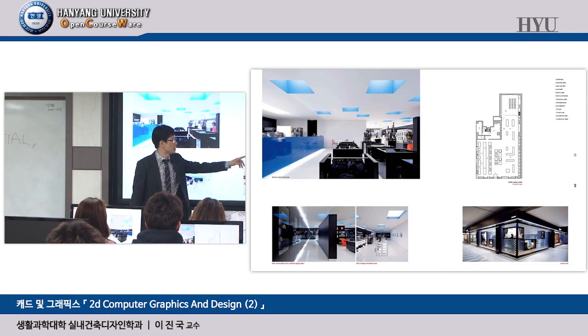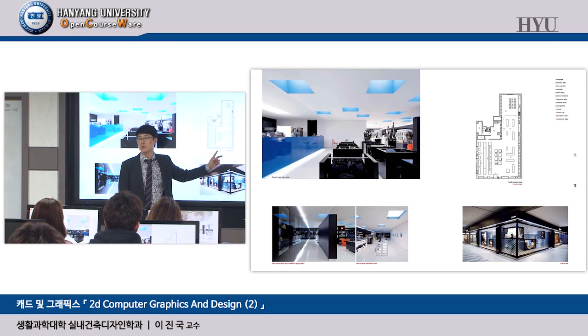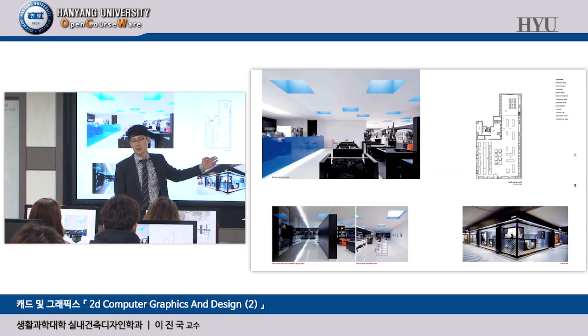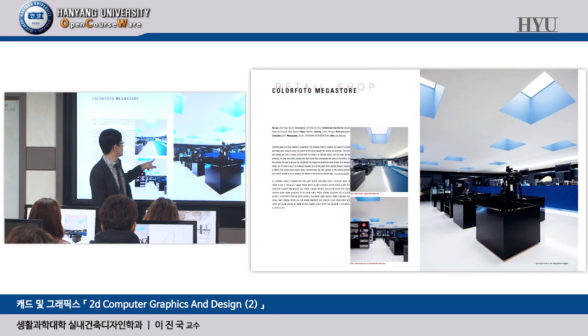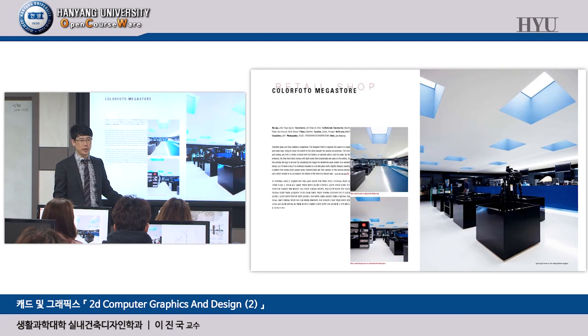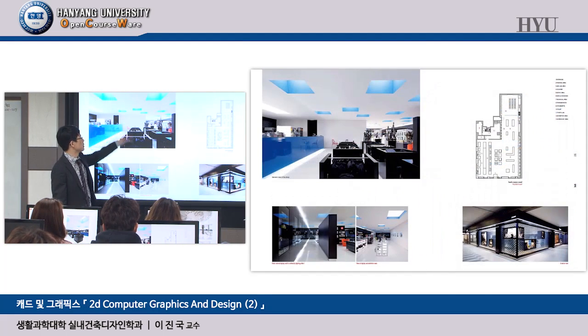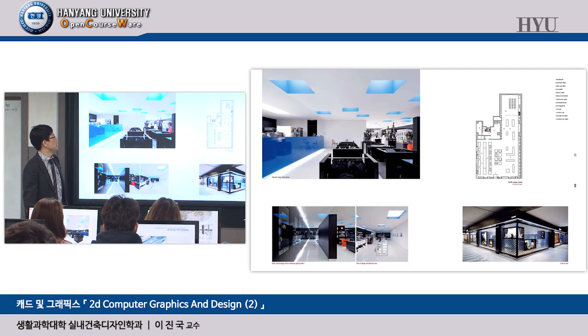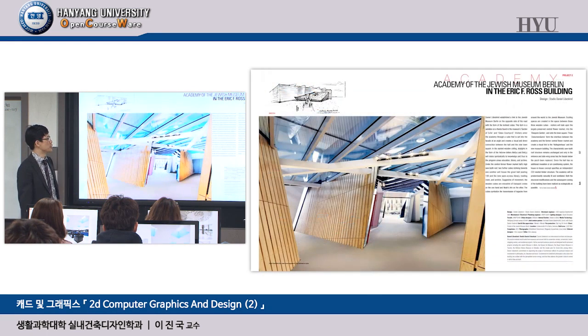Because actually this is not a big space. It's a kind of small retail shop for cameras, okay? Small retail shop. But you can find this one is very special, very deep, very wide, broad, and something high ceiling. But actually it's not that high a ceiling. But anyway, looking like a very huge area, even if it's a very small retail shop.